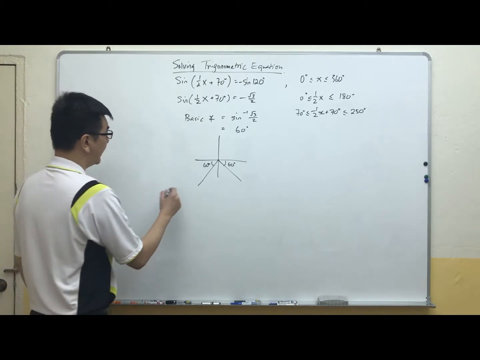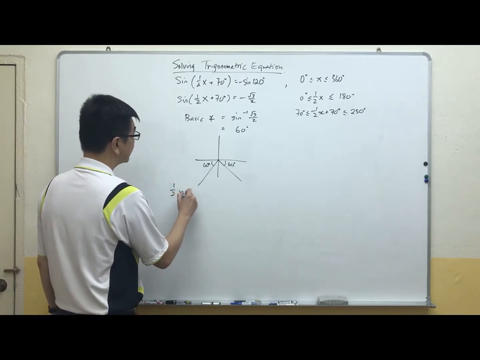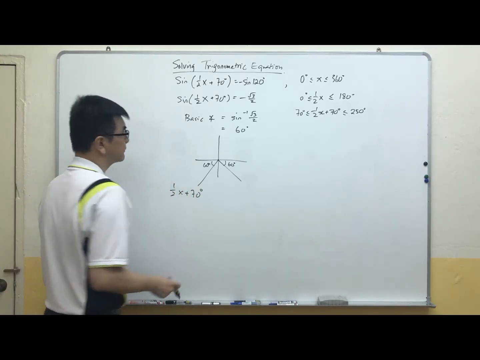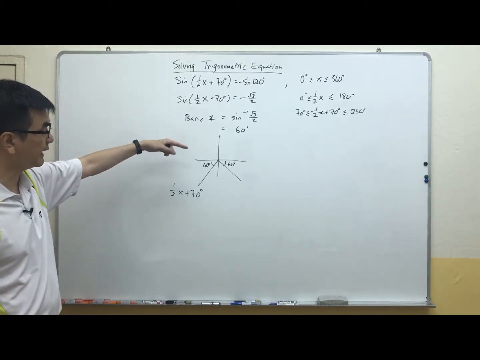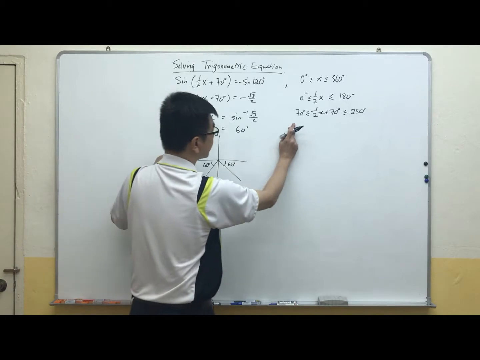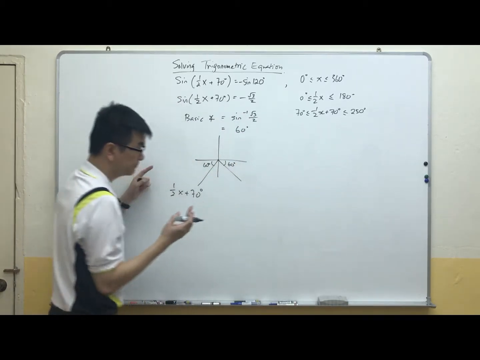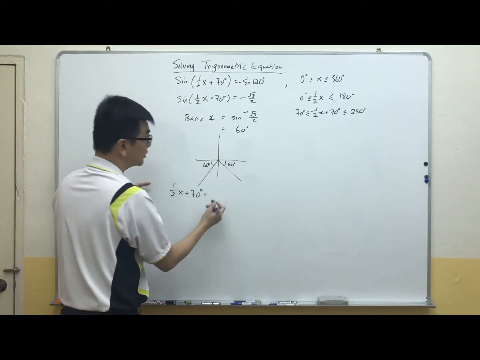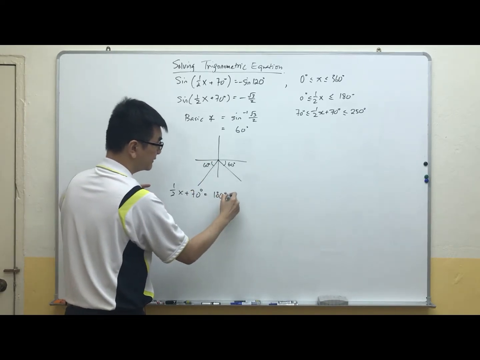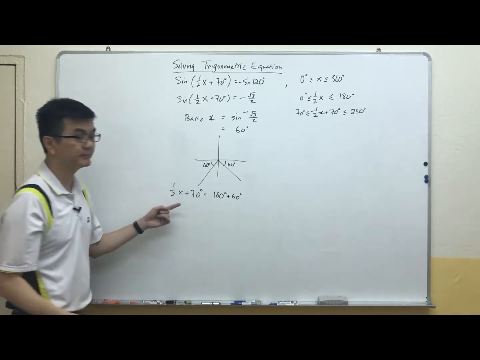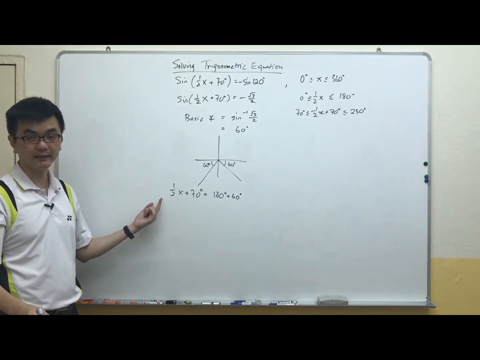So for my half x plus 70 degrees, my first angle, notice that my angle is between 70 and 250, so my first angle will be 180 degrees plus 60 degrees.